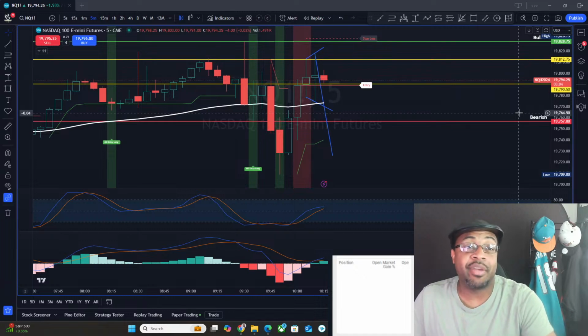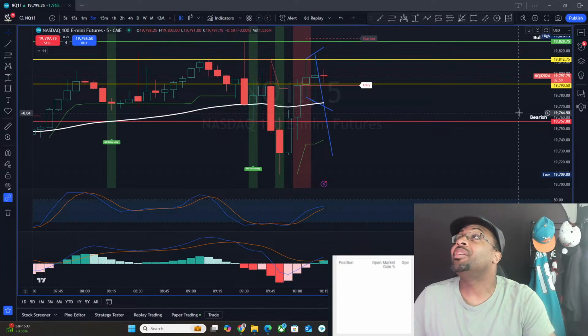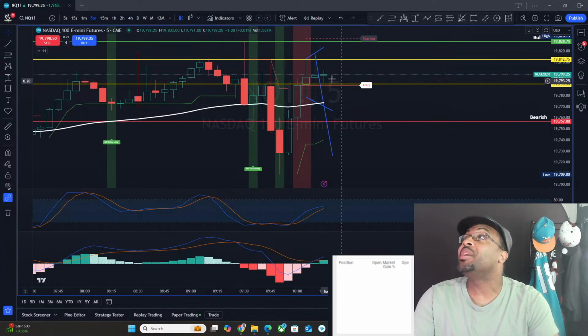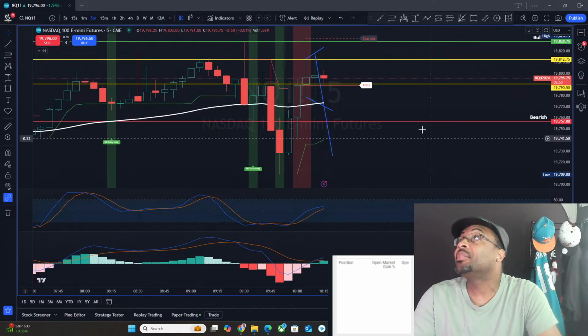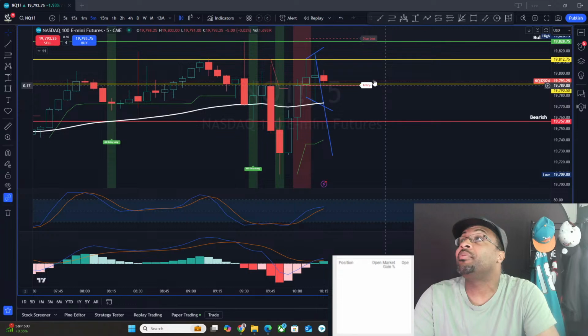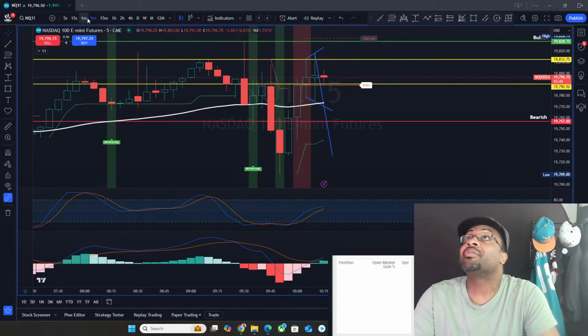Don't try to stop the freight train with your two hands. No, don't do that. We're going in that direction. That was actually still a green candle, even though it made higher highs and lower lows. So this can stay bullish, but it does have to do some things before I can really consider going bearish.